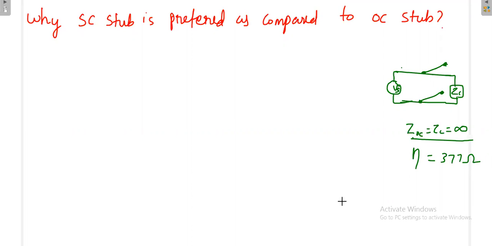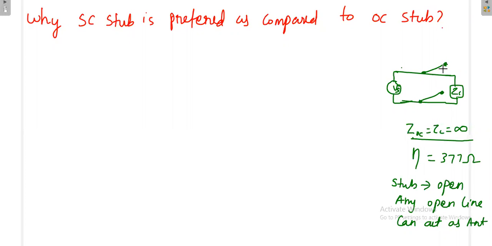And there is one more reason. If you have a stub that is open, any open line will act as an antenna. Then what will happen?